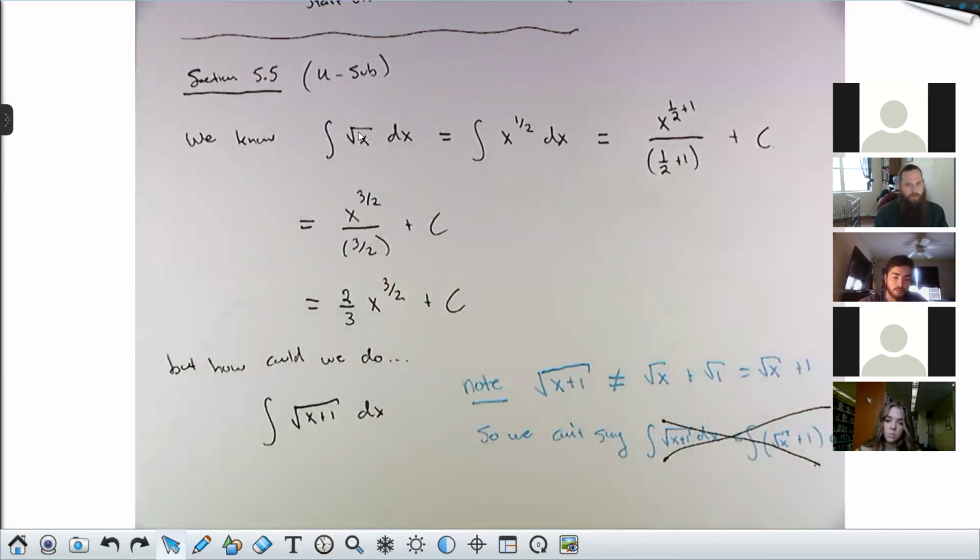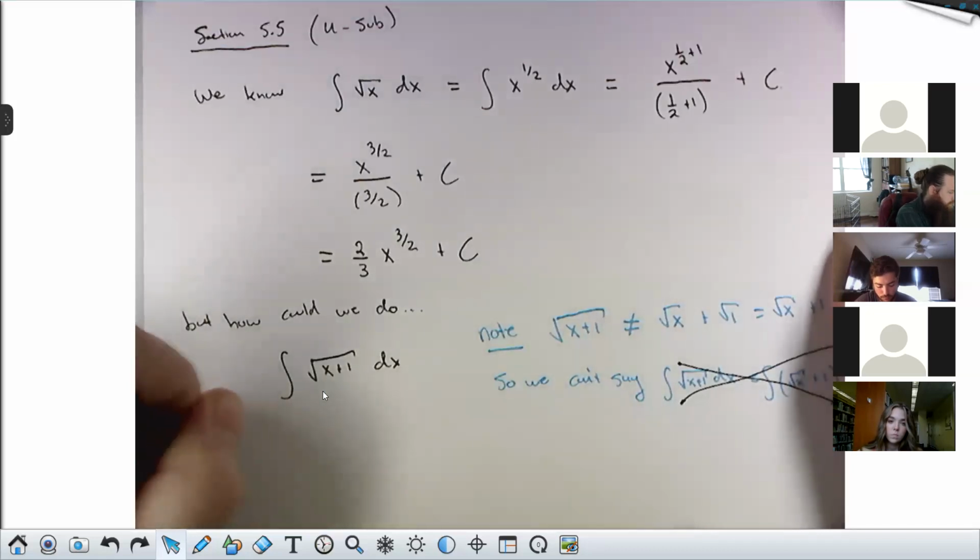The big idea here is that if the inside was just one variable, if it was just the square root of your variable, then you know how to integrate that. That's what we did up here using the power rule. But what we have inside here is not just my variable, it's my variable plus 1. And if I had any more complicated thing under the square root, I would need to do the same sort of thing that we're going to do here.